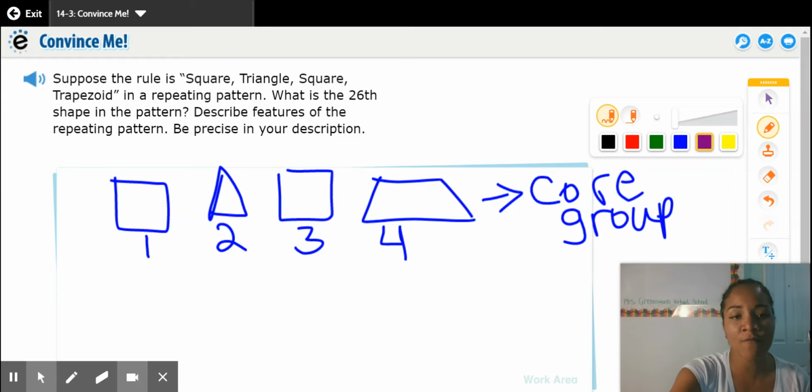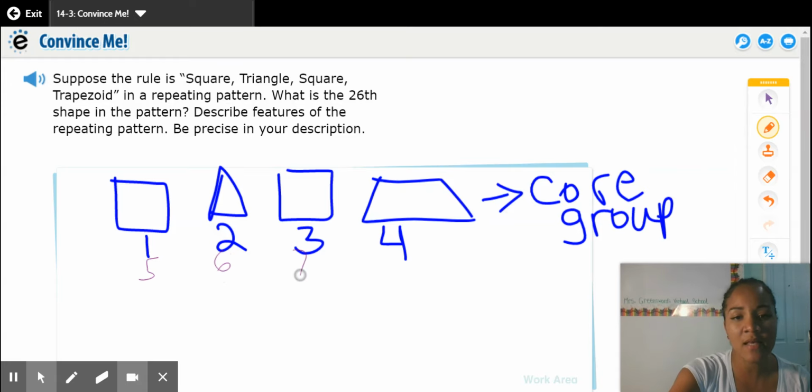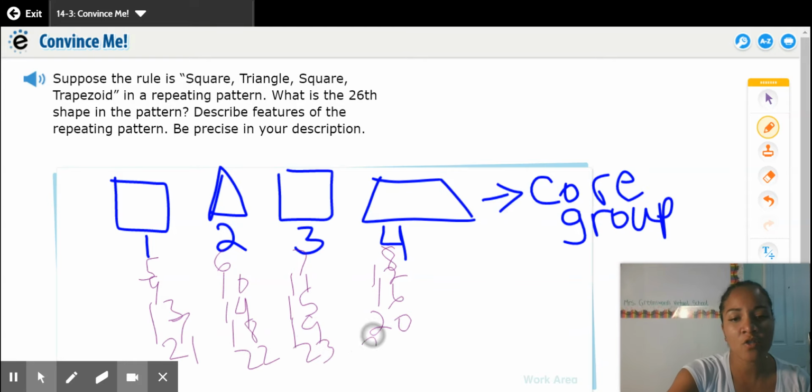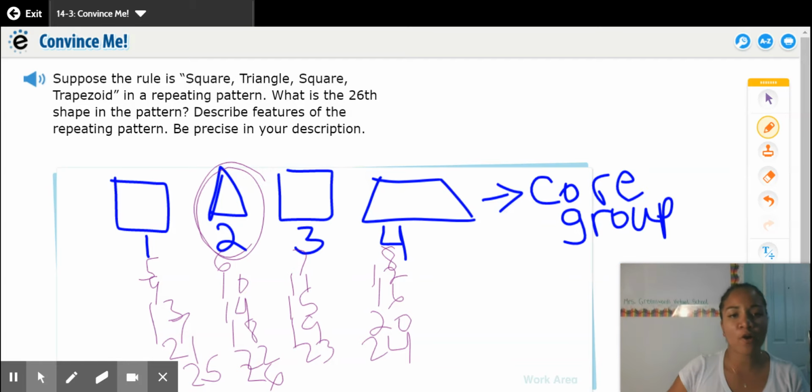We can go 1, 2, 3, 4, 5, 6, 7, 8, 9, 10, 11, 12, 13, 14, 15, 16, 17, 18, 19, 20, 21, 22, 23, 24, 25, 26. And we know that right here, our triangle would be our 26th shape. That's how we do it when we're counting on, and that's perfectly fine.